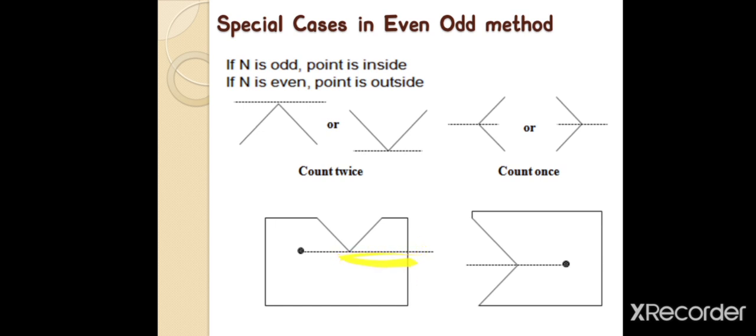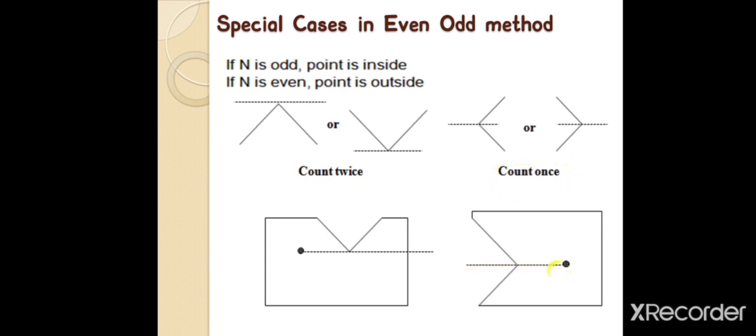And if the answer is 3, it is an odd number, and if it is an odd number, the point is sure shot inside. Now the second special case is shown here. If our line is intersecting at a vertex, and both the edges of the polygon lie on opposite sides, this is the first edge and this is the second edge, both on opposite sides of that intersection line, then we have to count that only once.